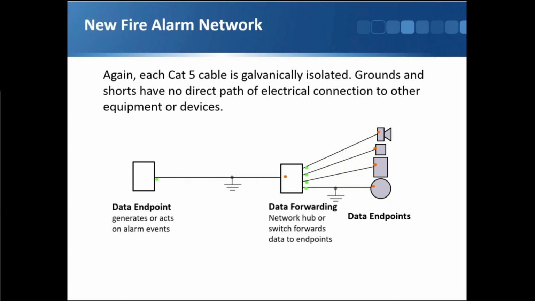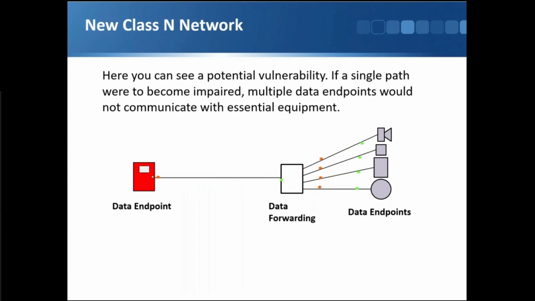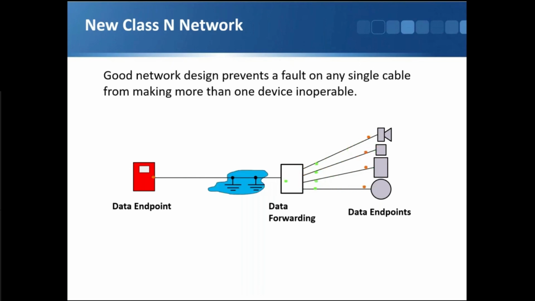It doesn't even affect anything. So the vulnerability is that if you lose a path, now all of a sudden your 2 endpoints are not talking to each other. And that was what we wanted to get around.